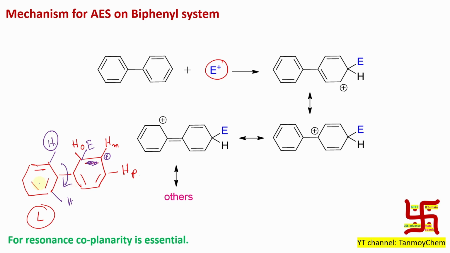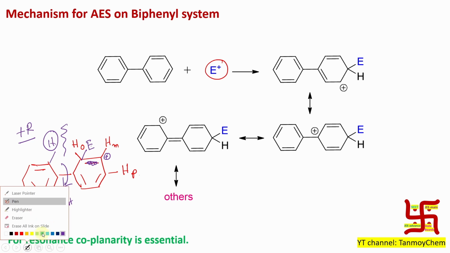Now if an out-of-plane arrangement is obtained, then this left side benzene ring cannot show its planar effect, meaning it cannot show the positive charge by resonance, because the steric repulsion is the main problem. Next, so ortho reaction will not happen.